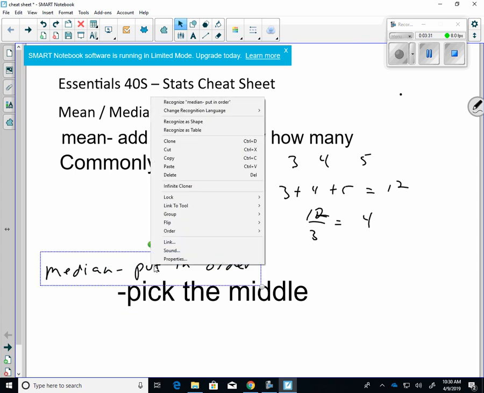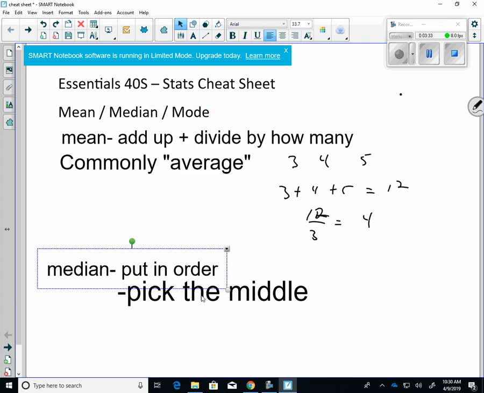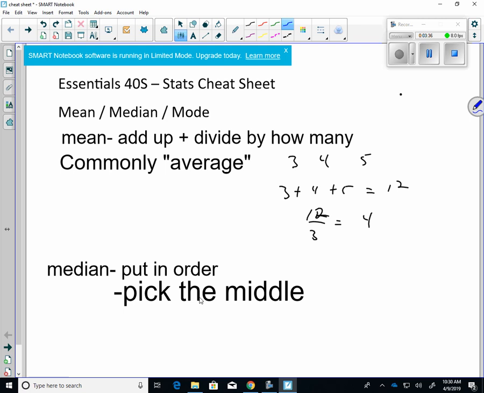Unless there's 2 middle, take the mean of those 2. Right?